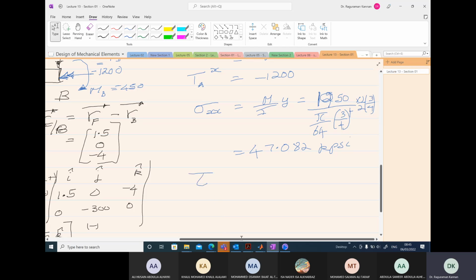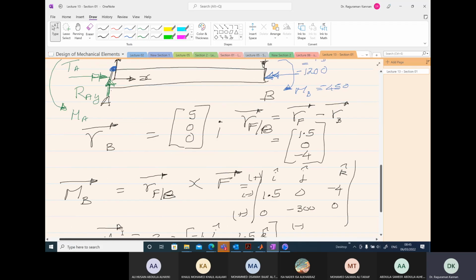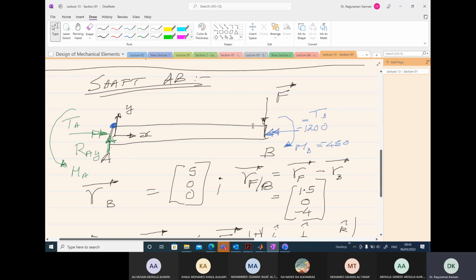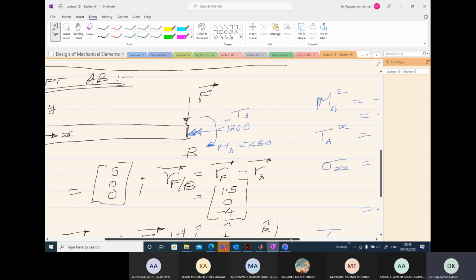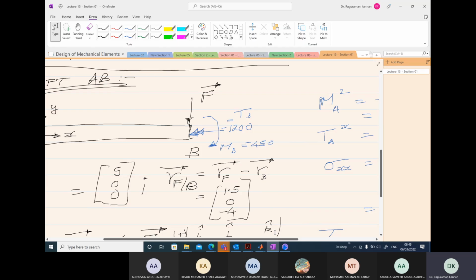Now we need to figure out what component it is. Since this is the shear stress due to torque at the point A, we need to draw the cross section. So draw the cross section over here.